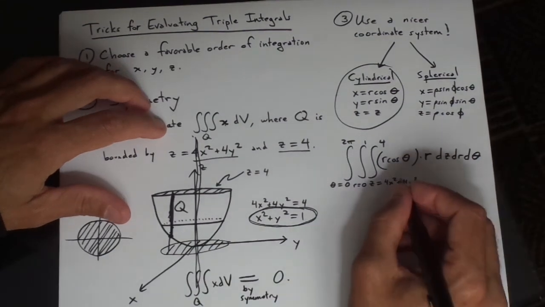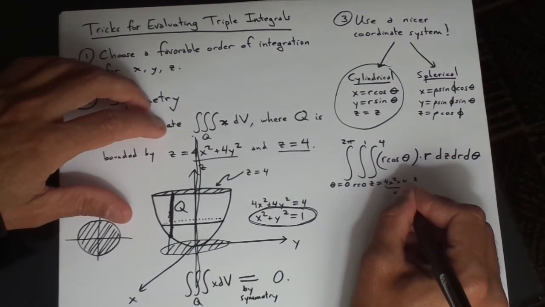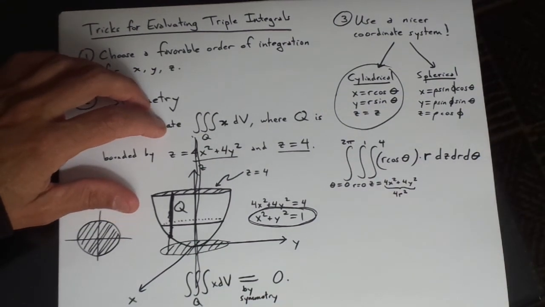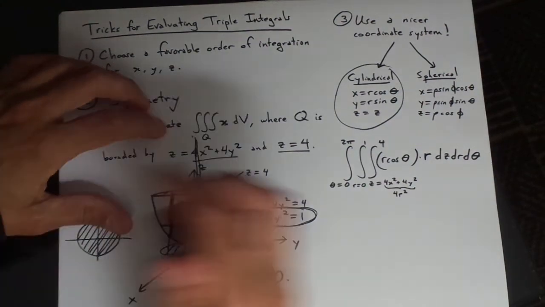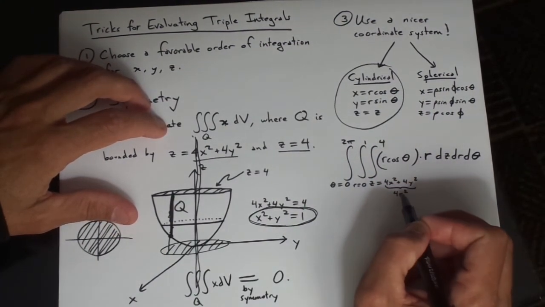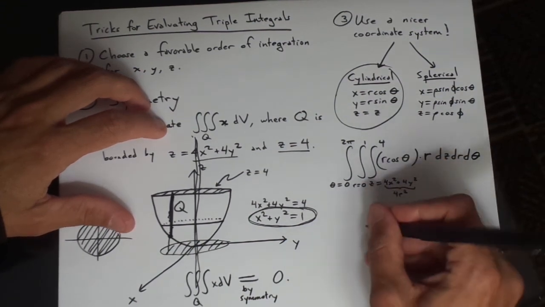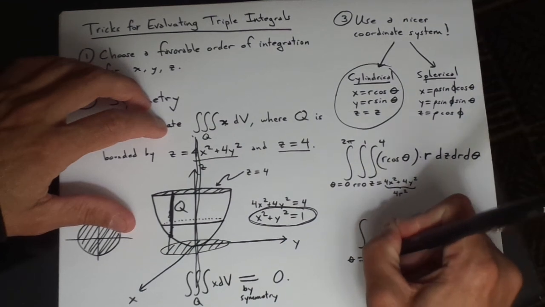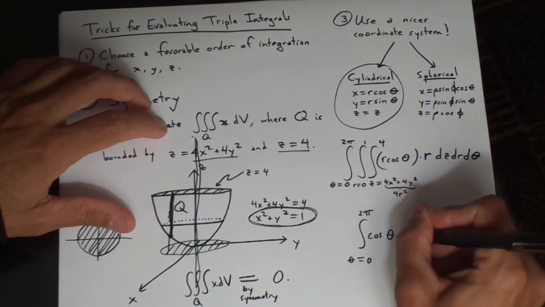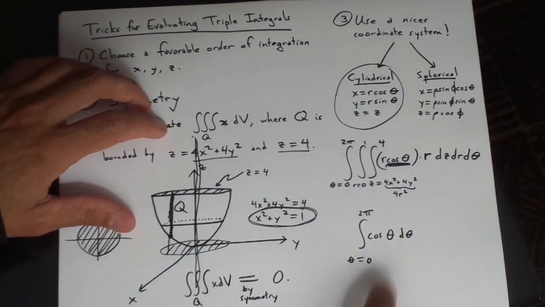Oh, and I made a little goof here, didn't I? The 4x squared plus 4y squared needs to be converted into polar coordinates as well, so that would be 4r squared. Okay, so when I do the integration, we can integrate z, we can integrate r, but the big thing to notice, guys, is that theta is being integrated from 0 to 2 pi, and the only place you really have a theta consideration is right there.